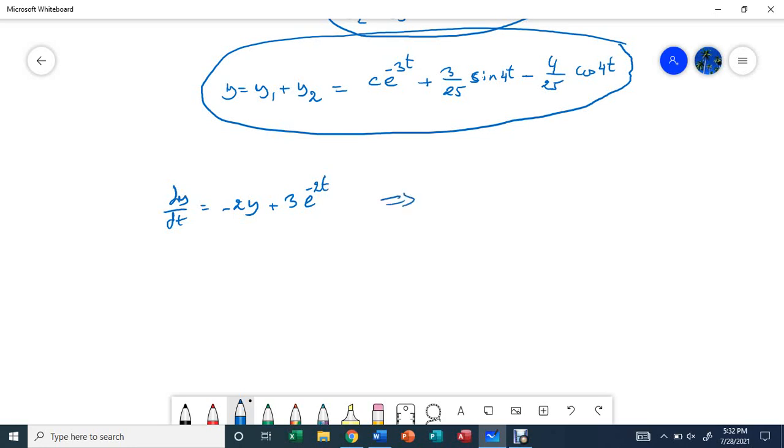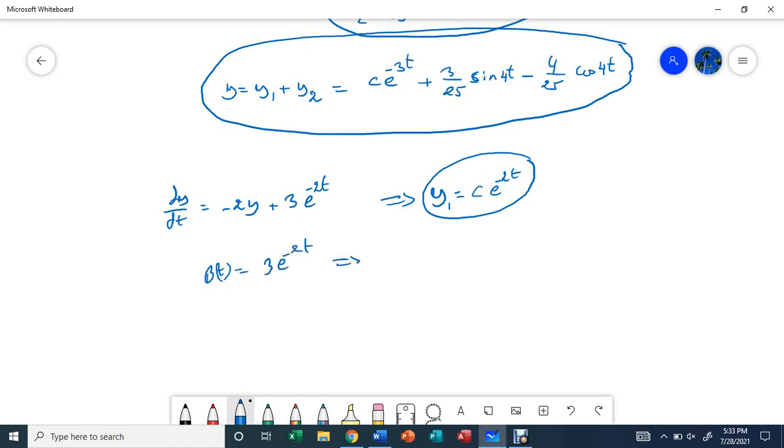So my y1 is going to be the solution to my homogeneous equation dy over dt equals negative 2y, and you can solve it using the separation of variables method, similar to the previous two questions. So it's going to be c e to negative 2t. Now b(t) is 3 times e to negative 2t.